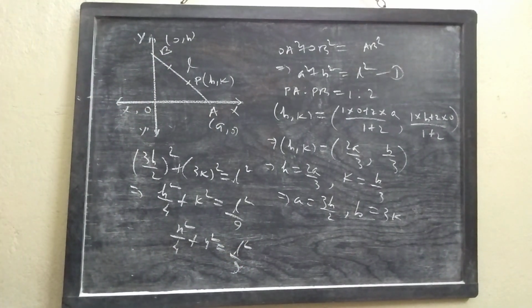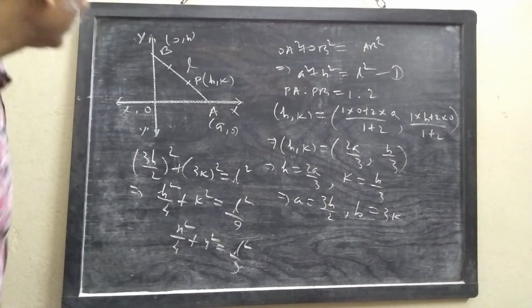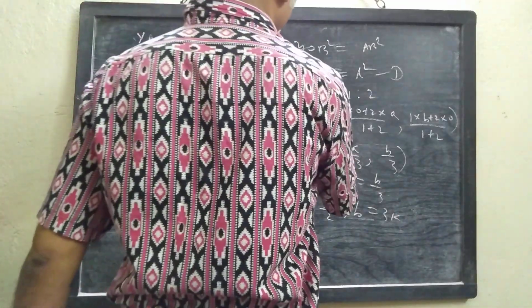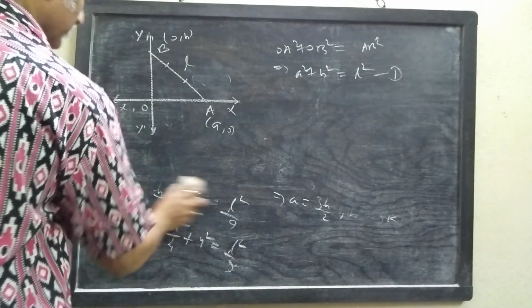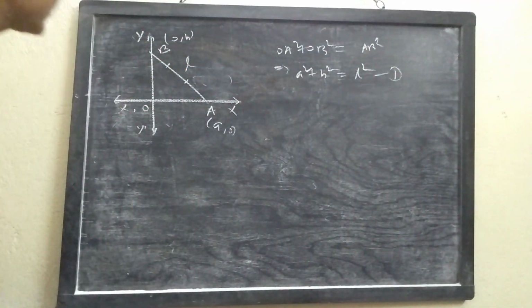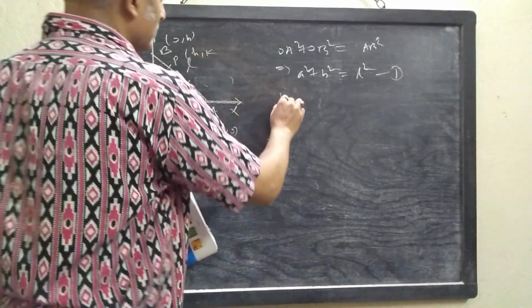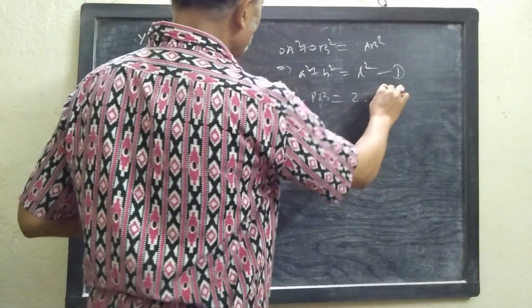Now in the second case, when P lies here, that is PA is to PB is 2:1.